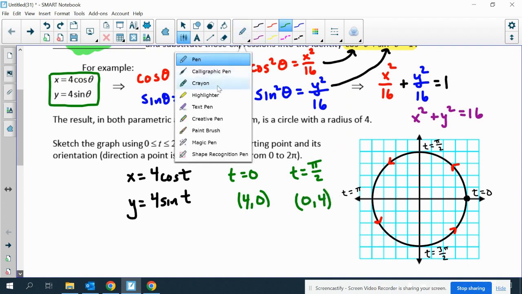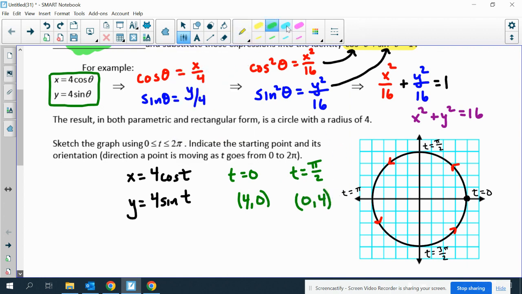So you can recognize that this circle has an orientation which starts here and goes in this direction. So it's kind of important to label your starting point and then label how it's oriented, the way that it travels.